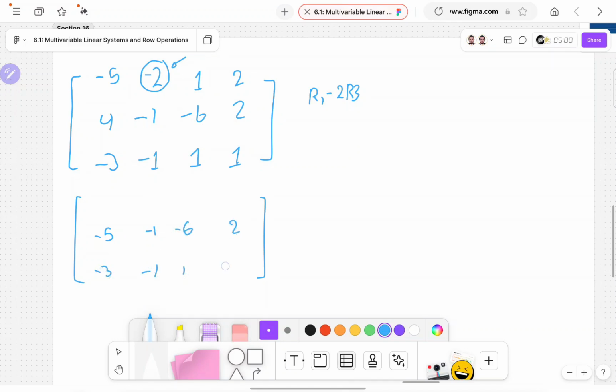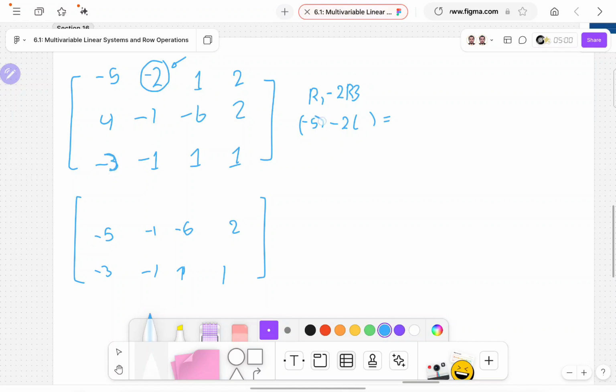Now row 1 is negative 5, minus 2 times row 3, which is negative 1. Sorry, not negative 1, sorry. So this one, let's forget this, it is 3.